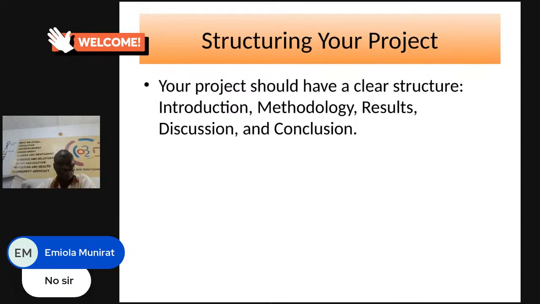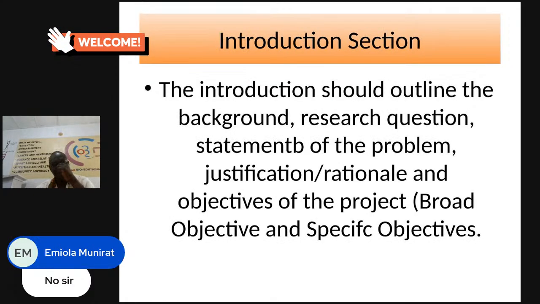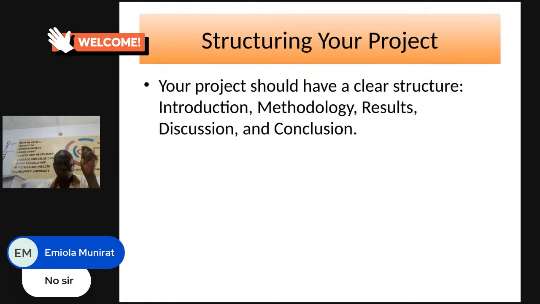Then what's the structure of your project? Chapter 1 is going to be introduction, chapter 2 is going to be literature review, chapter 3 is going to be methodology, then chapter 4 is going to be 4.1. Chapter 4 will be divided into subsections.